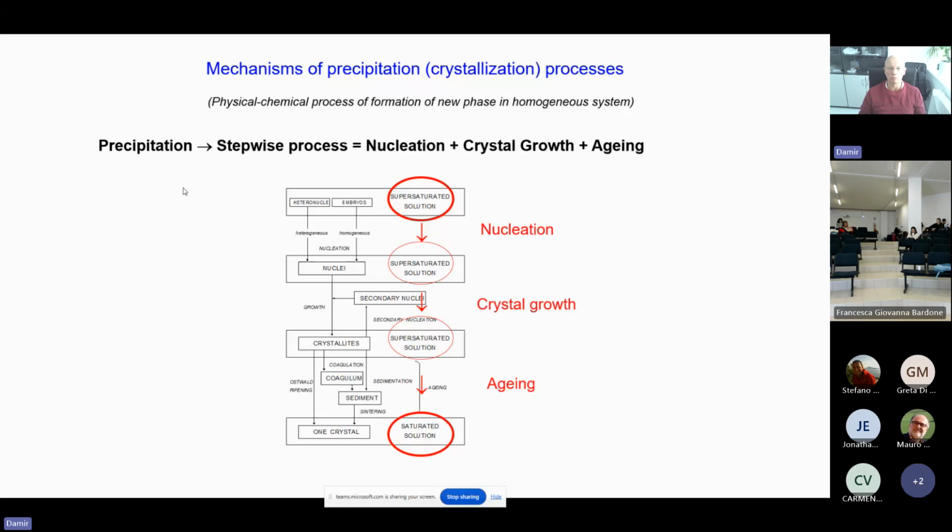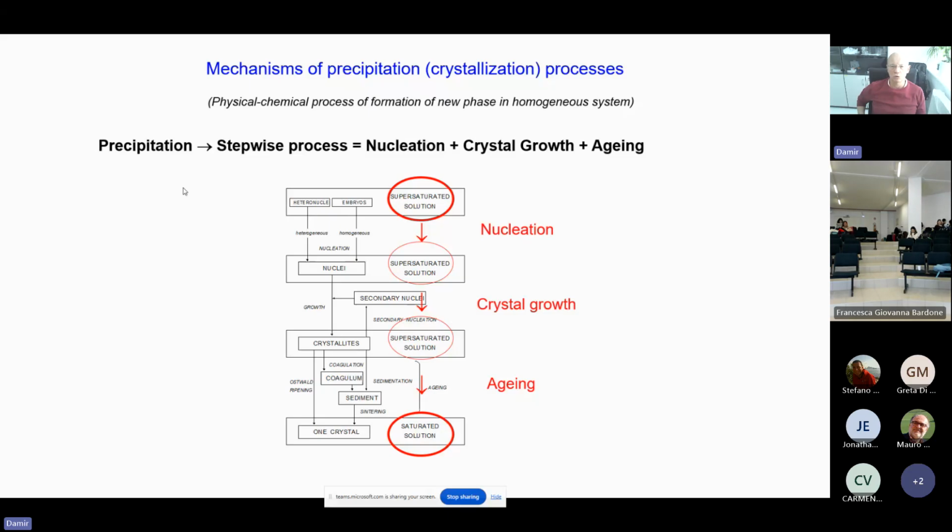The first of the processes is definitely nucleation. We start in a supersaturated solution, and it proceeds. This is a very energetically demanding process, and this is the first process in which the formation of a new phase appears.